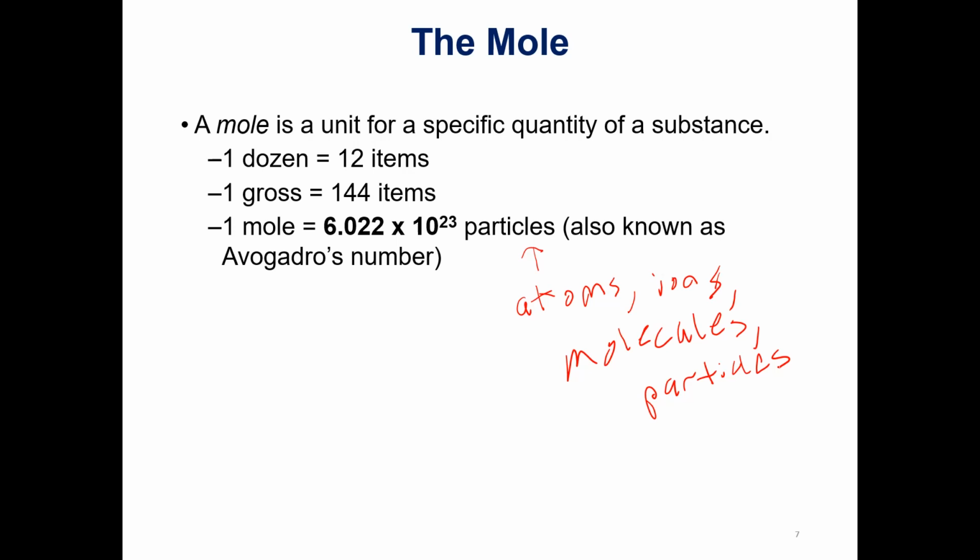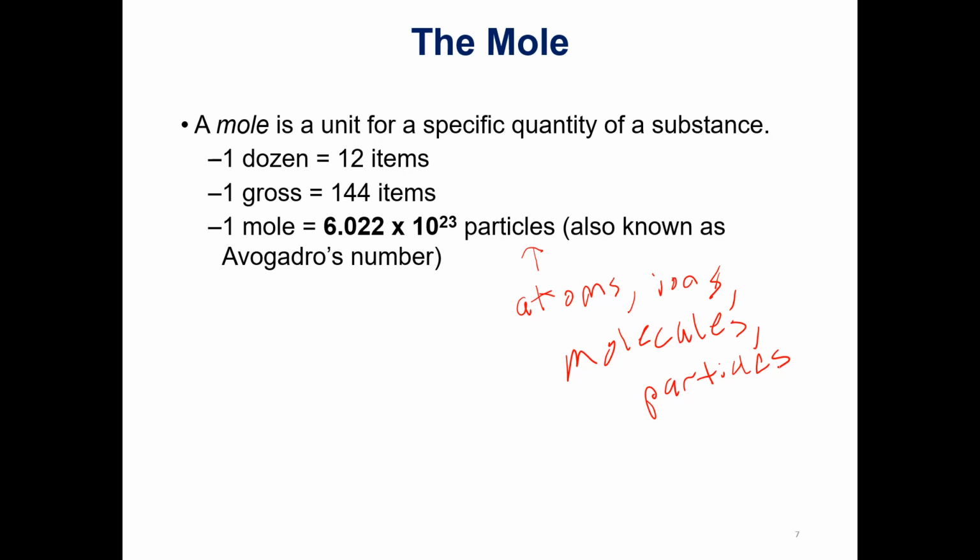And when you write the number 6.022 times 10 to the 23rd, you need to specify what you're talking about. So you should never just have 6.022 times 10 to the 23rd for something. It should be 6.022 times 10 to the 23rd atoms, ions, or molecules, but there should be a unit following that.